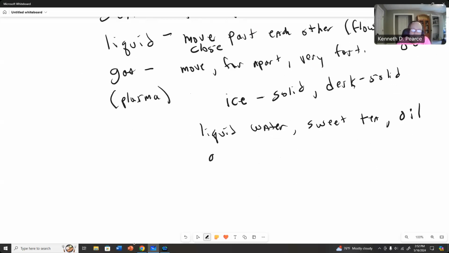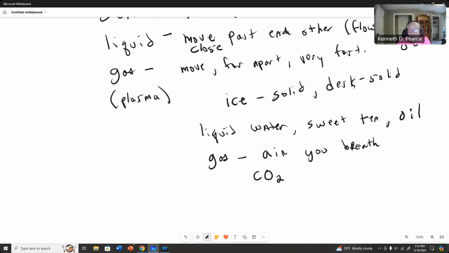And then gases. Best example of a gas would be like the air you breathe. And once again, I apologize for my handwriting. The air you breathe, which is a gas mixture, or let's say, what do you breathe out? Carbon dioxide.